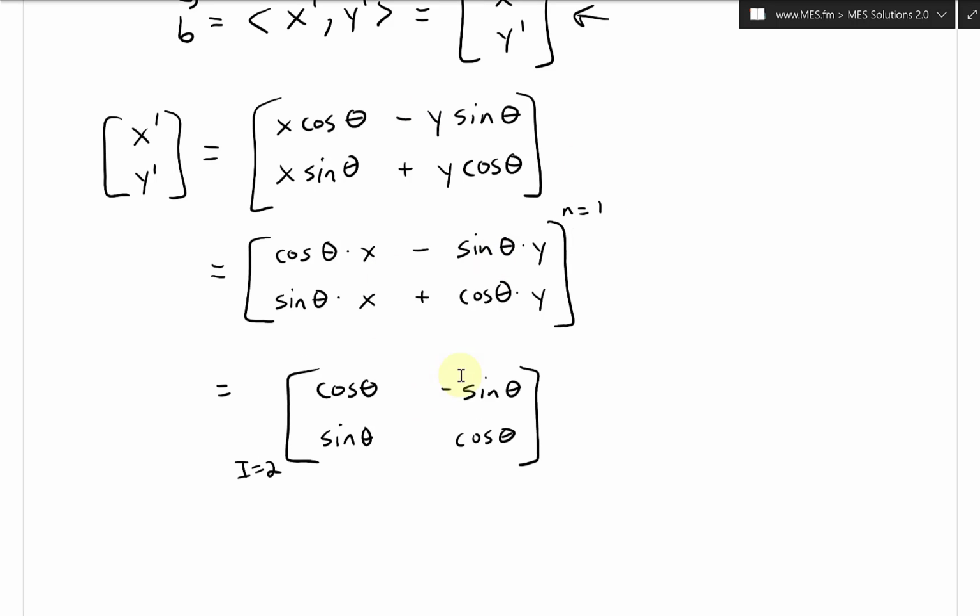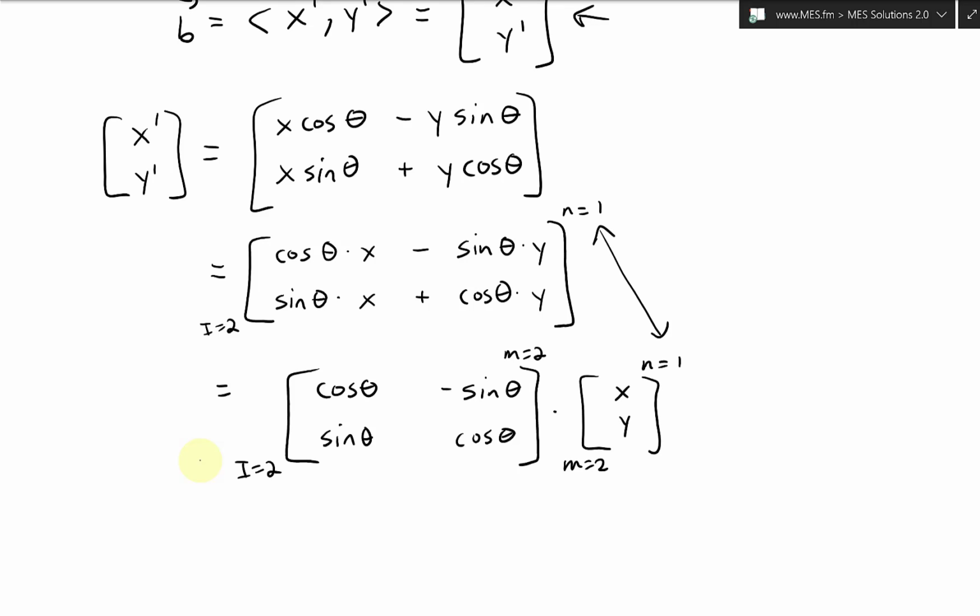Here I just moved the things around, i equals 2 here, so it matches up with this. Using the same method, this is m equals 2. And then you multiply this by something with m equals 2, and this is just our x, y vector, with n equals 1. So this matches.